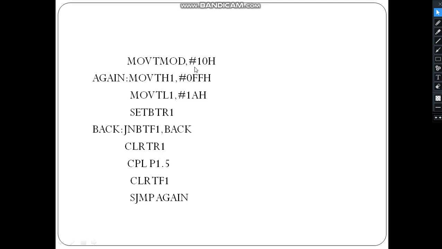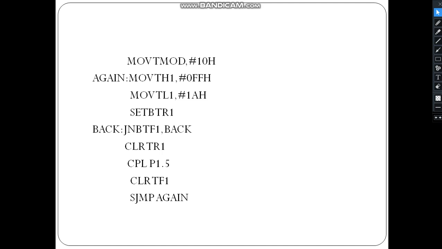This indicates timer 1 in mode 1. We have already calculated the value that has to be loaded into timer 1. Since we are using timer 1, we have to use the TH1 and TL1 registers. They are loaded with the appropriate values, that is FF is loaded into TH and 1A is loaded into TL.